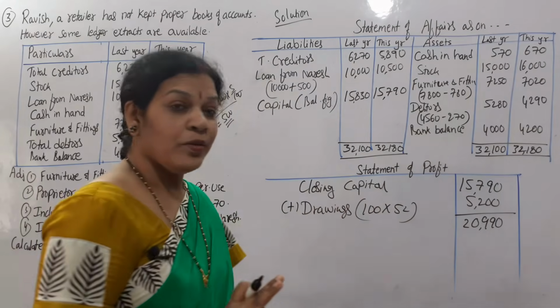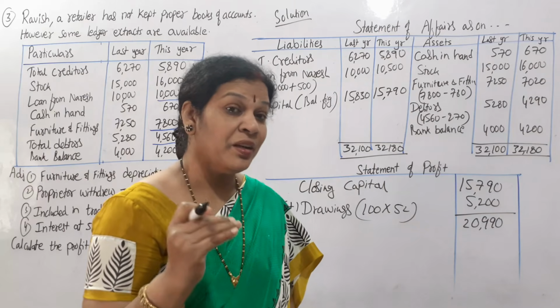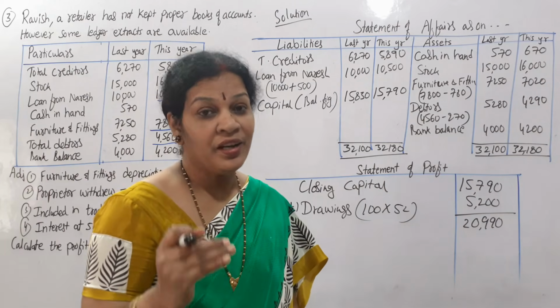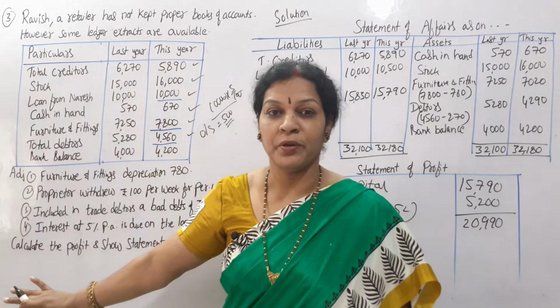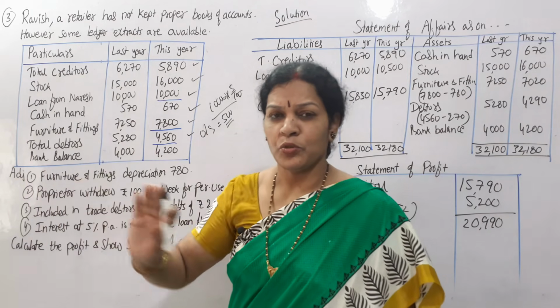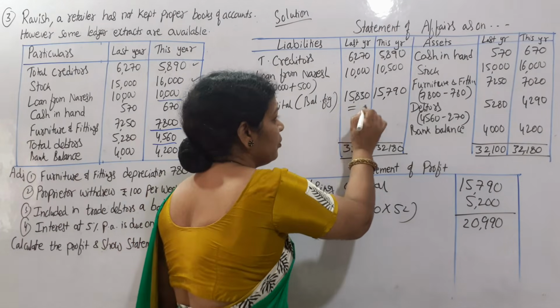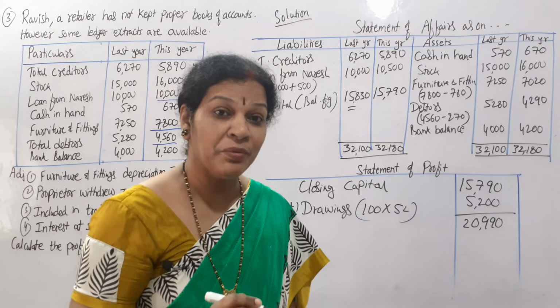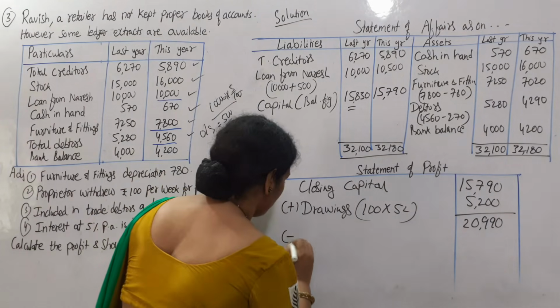As per the format, closing capital, we have added drawings. Next, deduct additional capital, deduct opening capital. Do we have any additional capital given in the problem? No, there is nothing. So no additional capital. We know that there is an opening capital. Opening capital should be deducted. So minus opening capital.